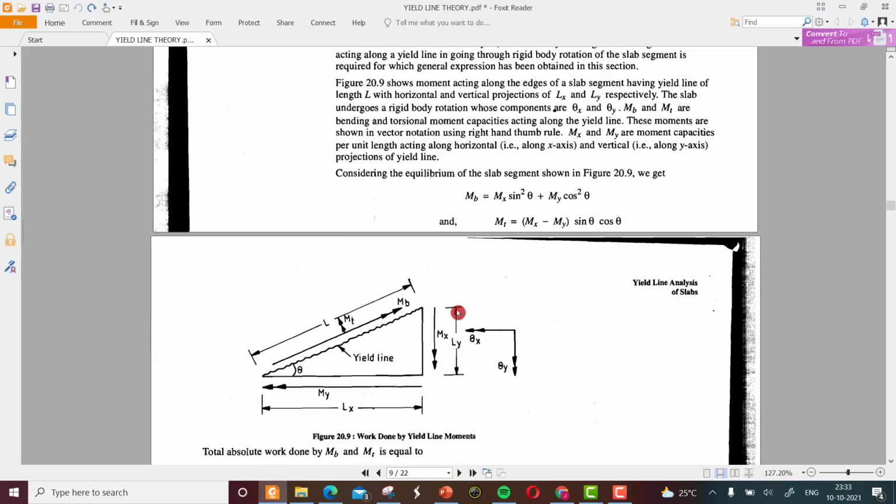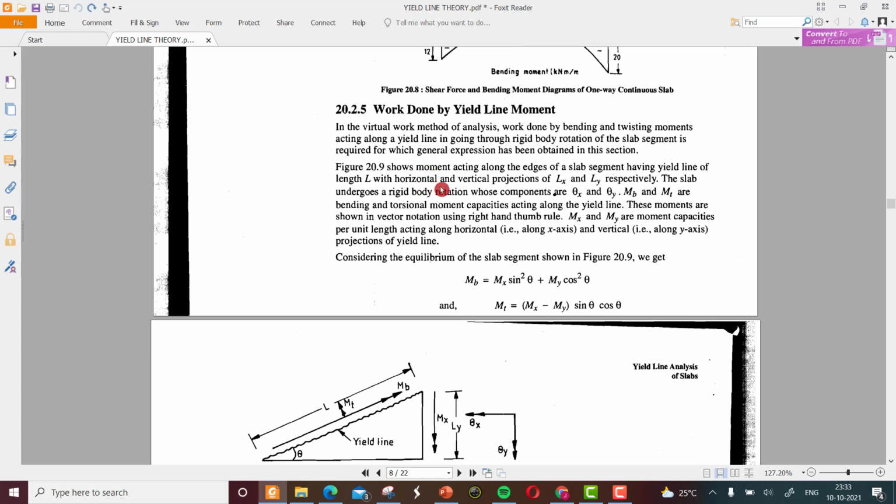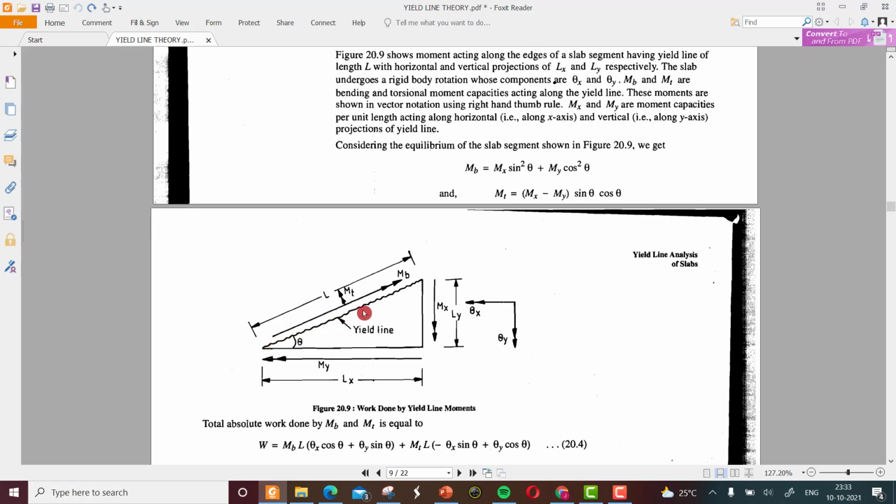Figure 20.9 shows moments acting along the edges of a slab segment having a yield line of length L with horizontal and vertical projections Lx and Ly. So this inclined line is the yield line of length L, and the corresponding horizontal component is Lx, and the vertical component is Ly.